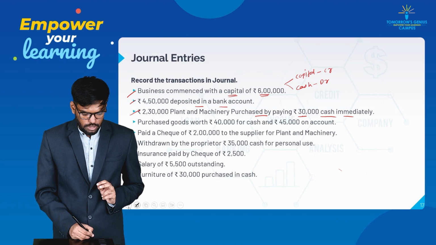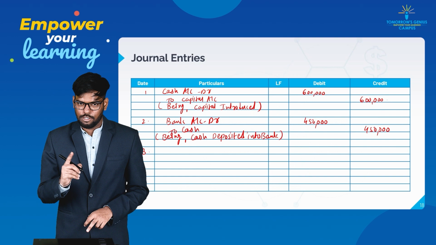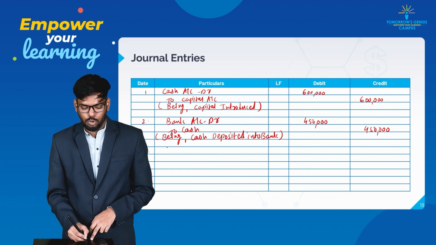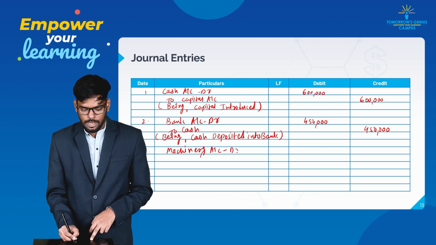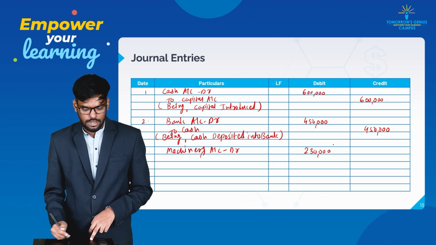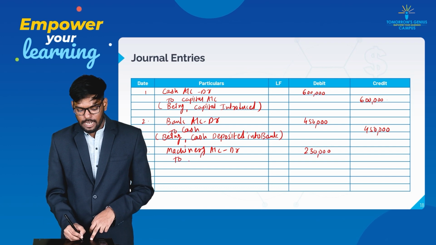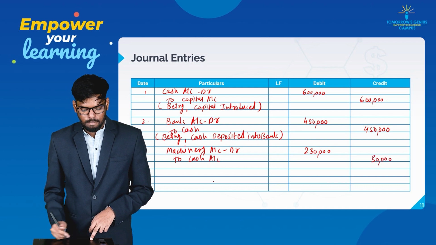You have purchased 2,30,000 rupees of asset here, right? So 2,30,000 rupees of asset comes into the business. So you will debit the machinery account here, the asset account, machinery account, for 2,30,000 rupees, right? You paid an amount by cash. How much? 30,000 rupees. And the balance amount is how much?